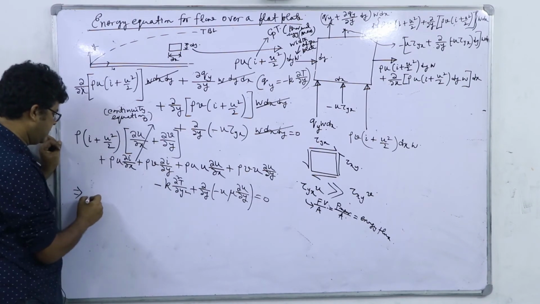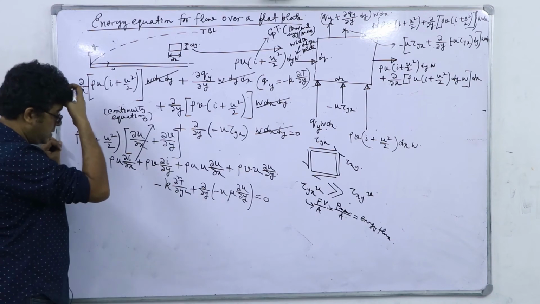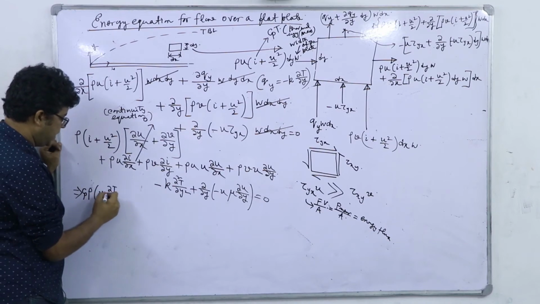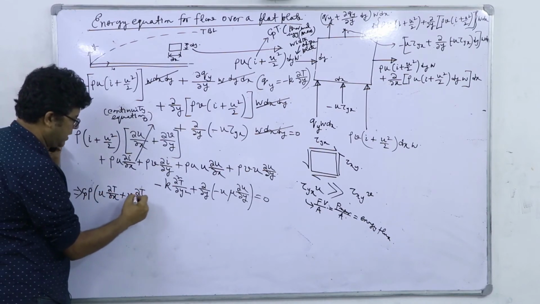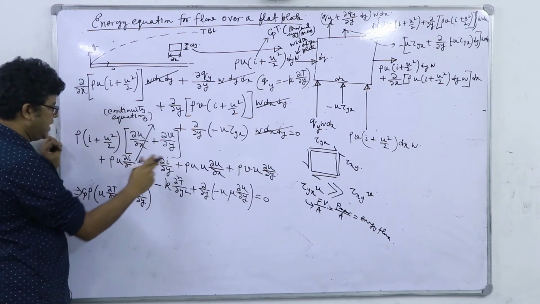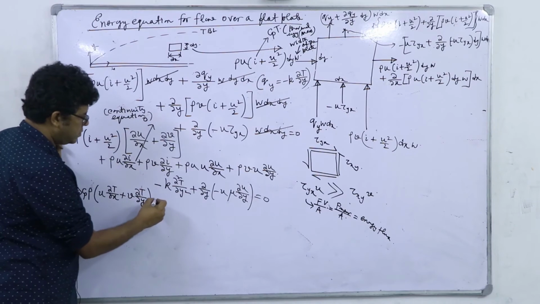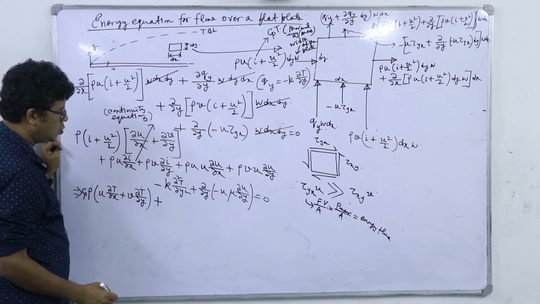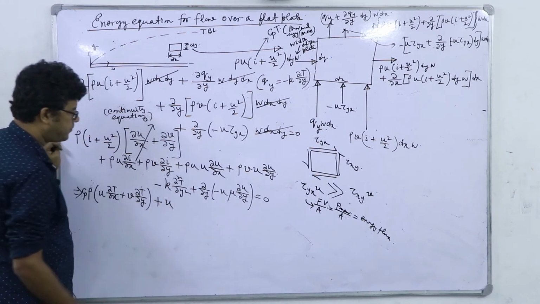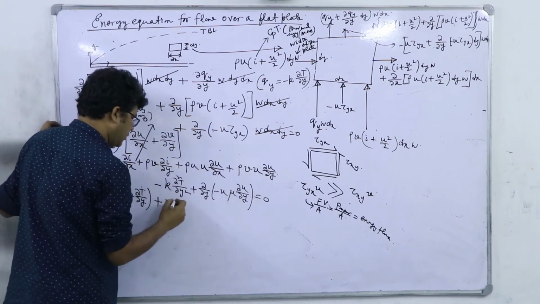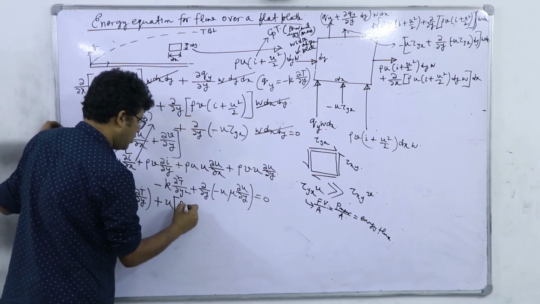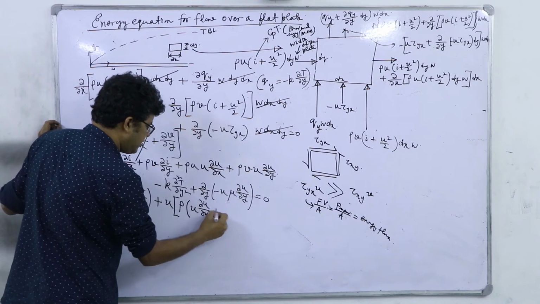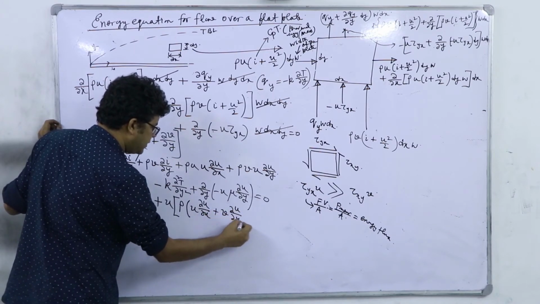So next here we can write rho Cp, if I split I now, u into del t del x plus v into del t del y, plus you see that we can write, if I take this u common, then rho within bracket u del u del x plus v del u del y, right.